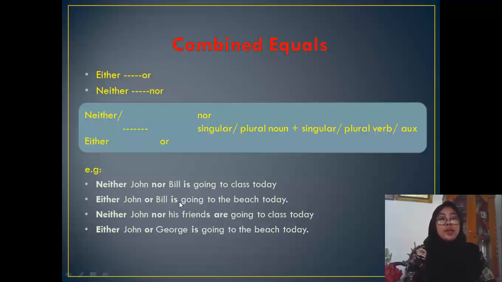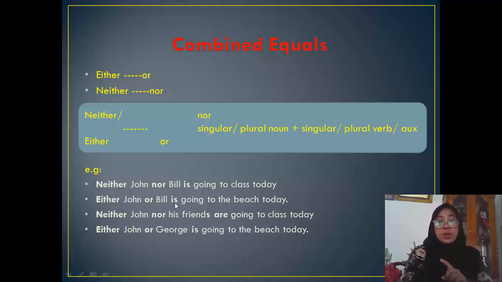So in your sentence, your to be must be plural. But if you see a singular, for example, like this one, "Either John or Bill is going to the beach today." The first one is John and the second one is Bill. So the to be is singular. Why? Because the second noun is singular. Bill is just one.